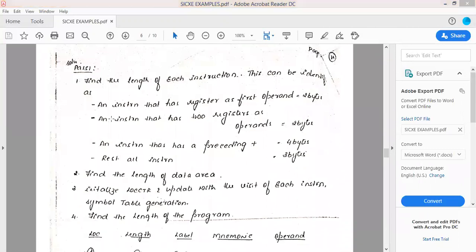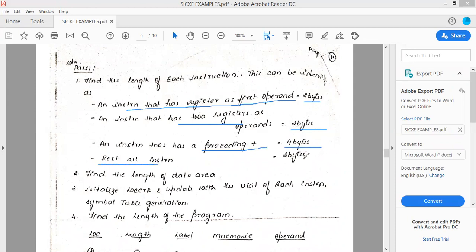Before starting with writing the instructions, let us go through these points. If an instruction has a register as the first operand, then its length is 2 bytes. If an instruction has 2 registers as operands, then it is 2 bytes. If an instruction has a preceding plus, then its length is 4 bytes, which is format 4.